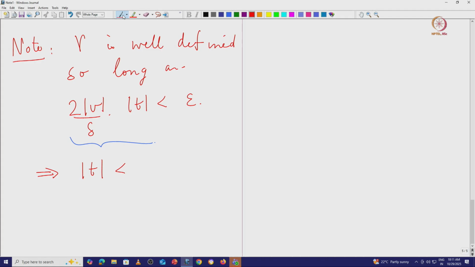This is equivalent to the statement that absolute value of t is less than delta times epsilon by 2 times norm v. So I can just take this to be epsilon v. So gamma is well defined on this interval.